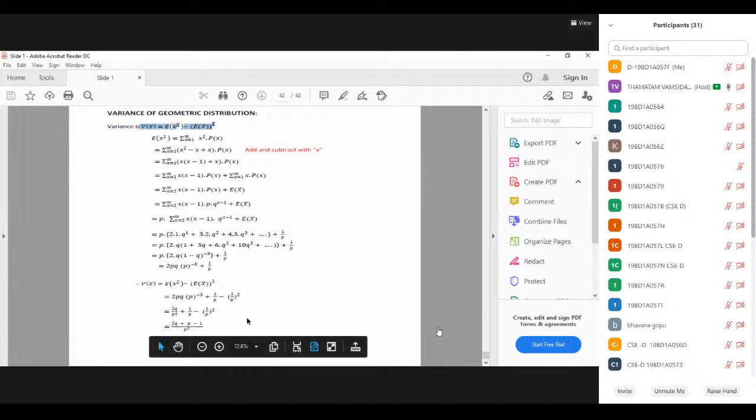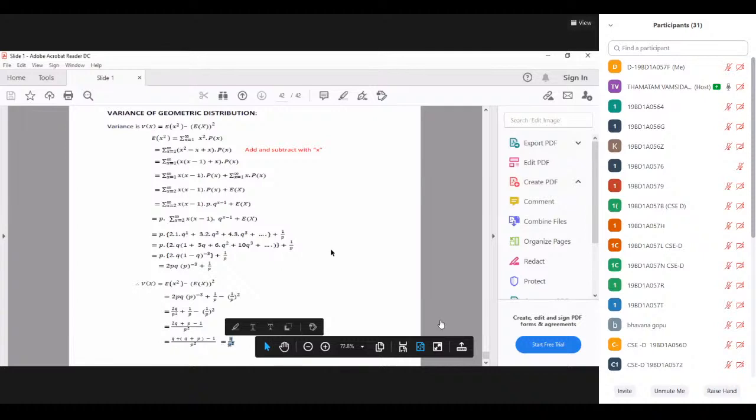Substitute these and simplify, and you get the variance of the geometric distribution, that is q by p square.